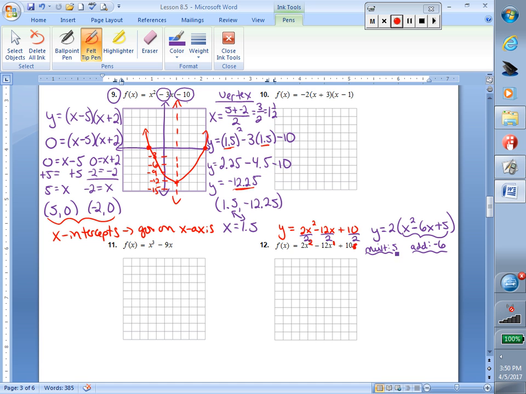So multiply to get 5, add to get -6, -5 times -1 will give me 5. -5 plus -1 will give me -6. So now I can factor the x squared minus 6x plus 5. We're going to have an x minus 5 and an x minus 1.